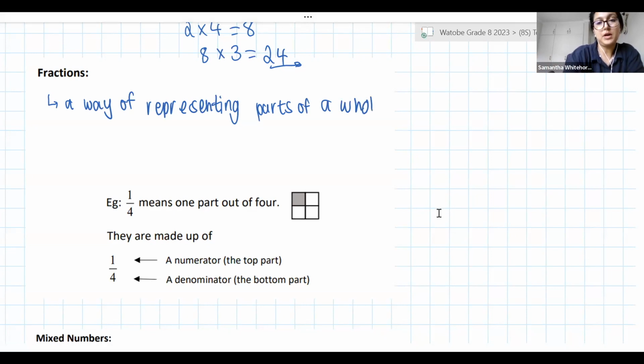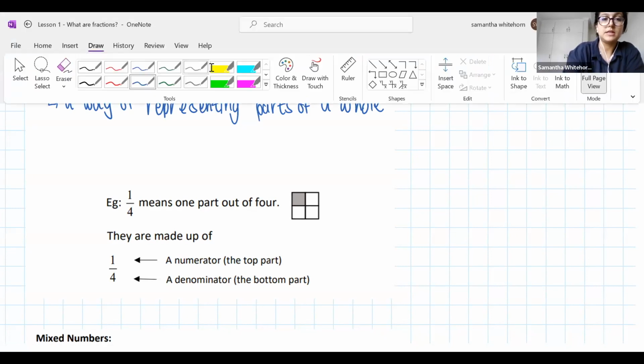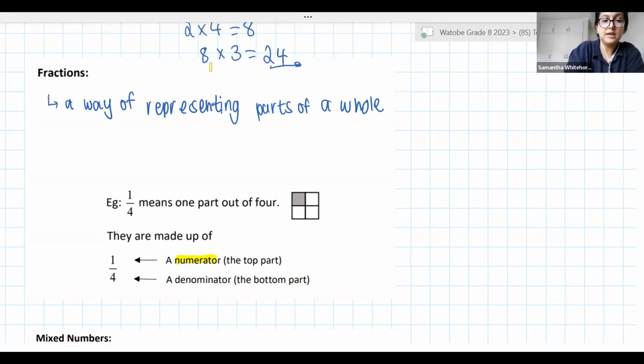Those two parts are the numerator, which is the top number, and the denominator, which is the number at the bottom of your fraction. So a fraction is made up of a numerator and a denominator, and it allows us to represent parts of a whole.